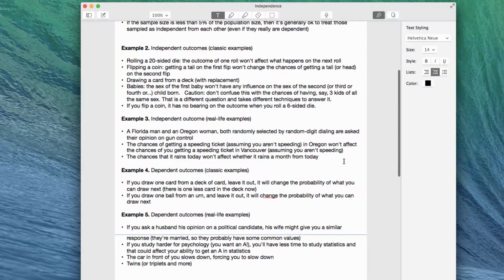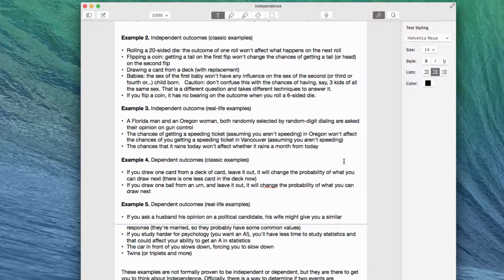Some real-life examples of independent outcomes. If you randomly select a Florida man and an Oregon woman and ask their opinion on gun control, they'll probably give you completely different responses. Well, I shouldn't say unrelated responses, but they're not going to be affecting each other. Maybe you totally randomly select these people and they happen to be brother and sister, let's say. It was still done randomly.